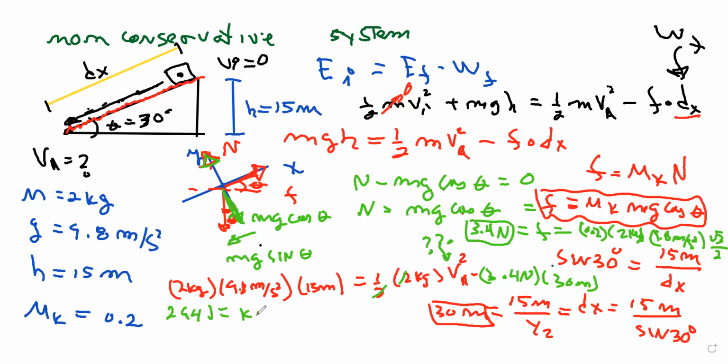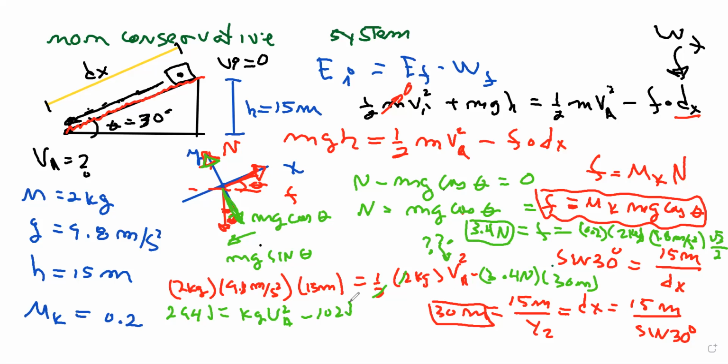So you only have kilograms right here. And vA squared is what you're looking for. And then minus 3.4 newtons times 30. So that's going to give you 102 joules.